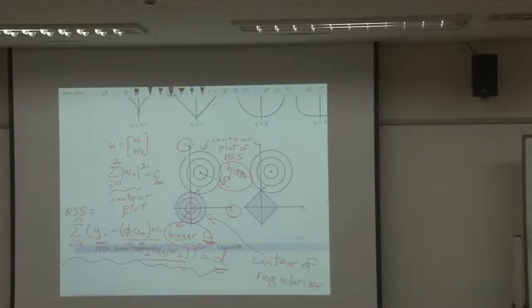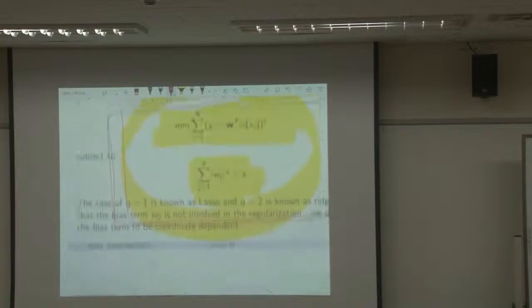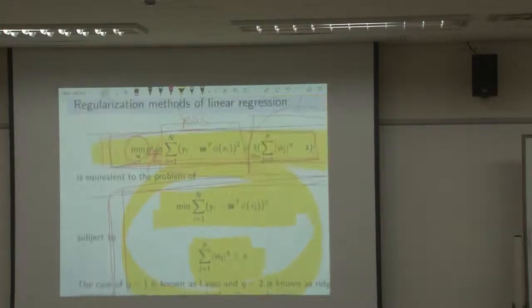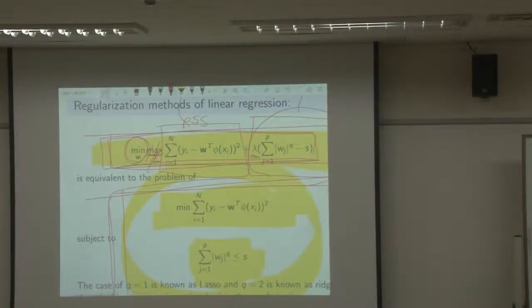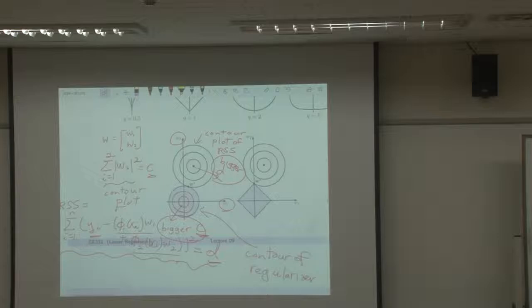But you know that the W that satisfies this should be an intersection, right? So there is one contour that's centered at the origin, that's not trying to be big.